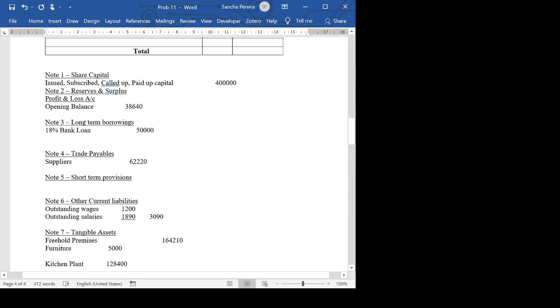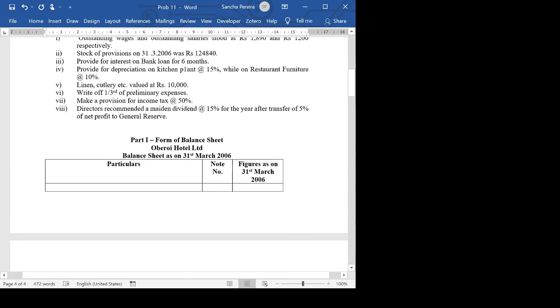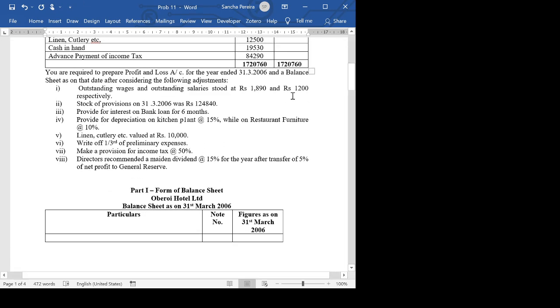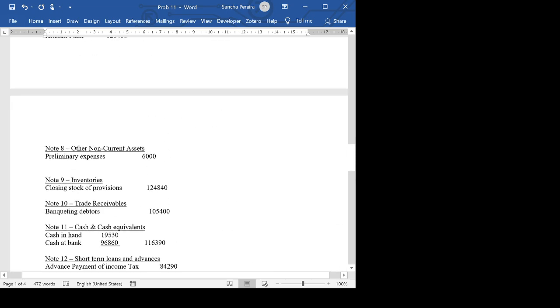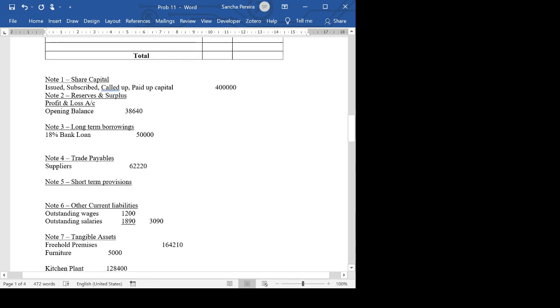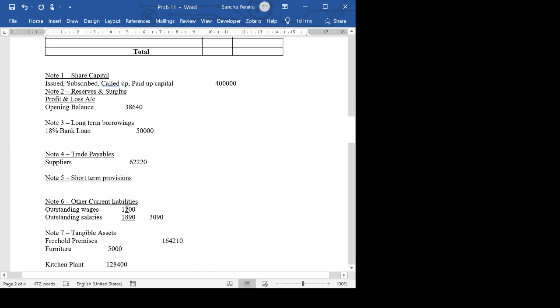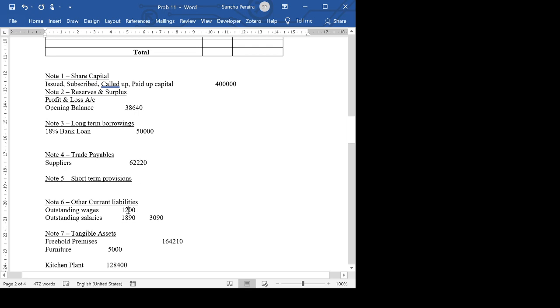I think I've got that correct. Sorry, I mixed it up: outstanding wages and outstanding salaries. Anyway, it doesn't make a difference. Outstanding salaries is 1890, and outstanding wages is 1,200.